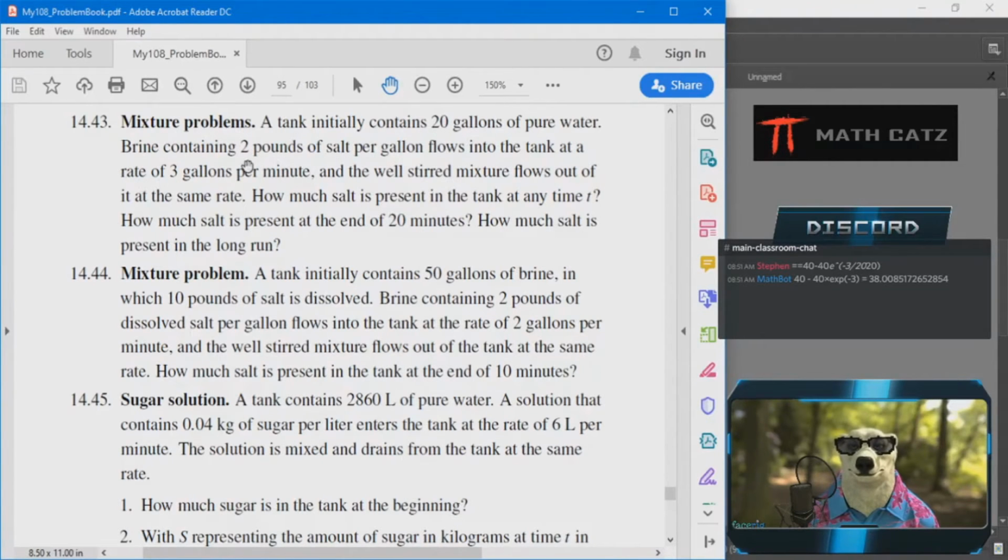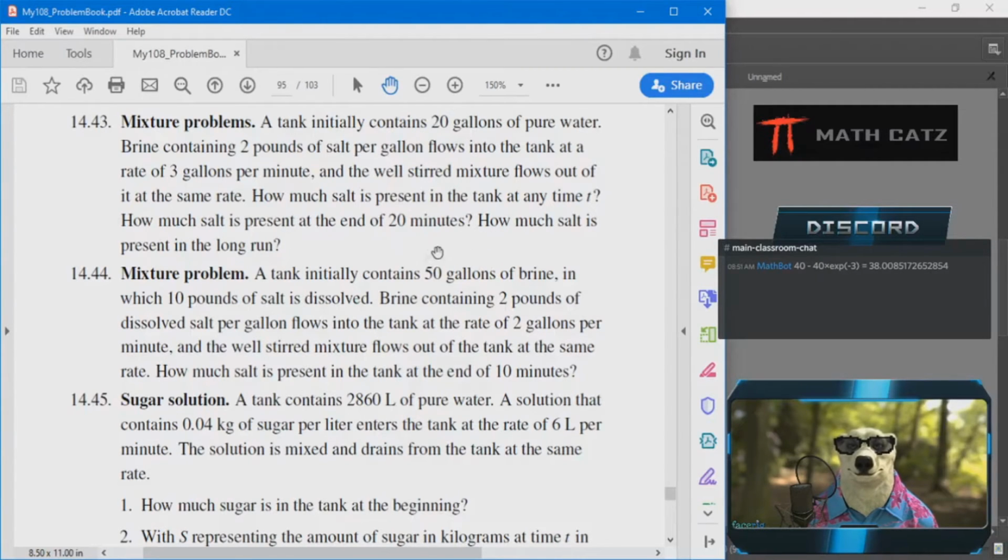We put in a salt concentration mix, 2 pounds of salt per gallon, into the tank at a certain rate. I also lose water at the same rate, keep it nice and simple, and slowly the amount of salt in the 20 gallons increases, and at 20 minutes we have 38 pounds of salt.